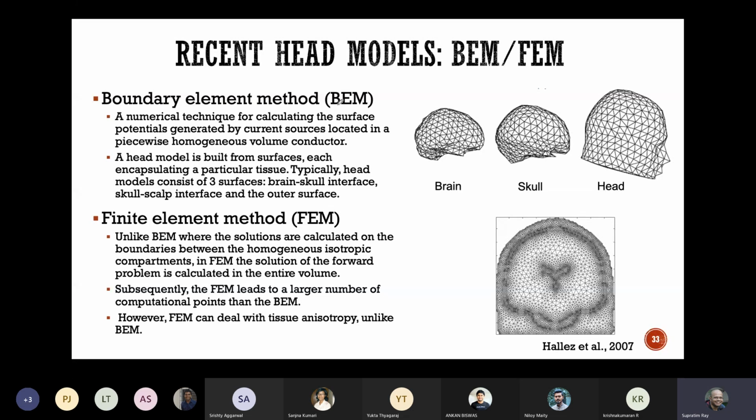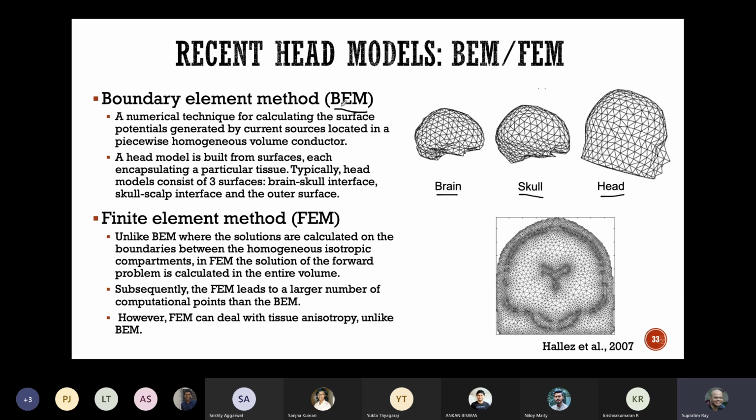This is called the boundary element method, where I just divide a particular surface into meshes. You can see these are meshes, and you'll have one mesh for the brain, one mesh for the skull, one mesh for the head. This is called the boundary element method.